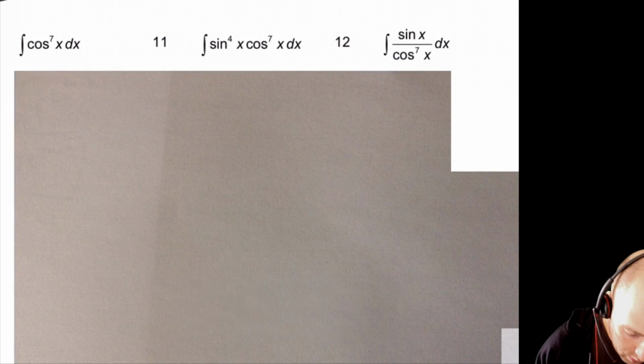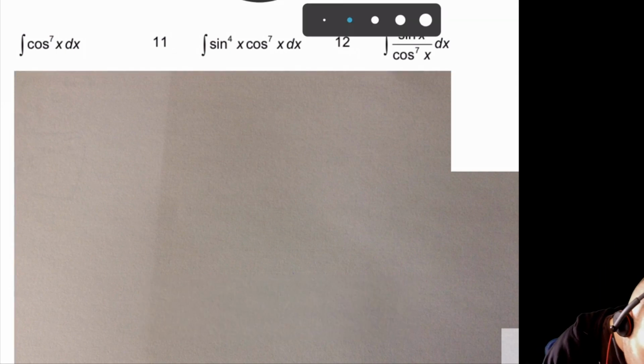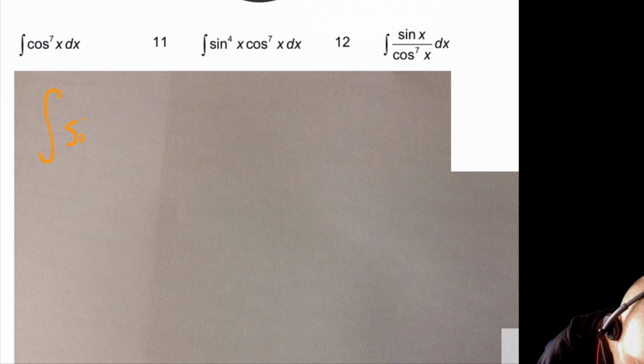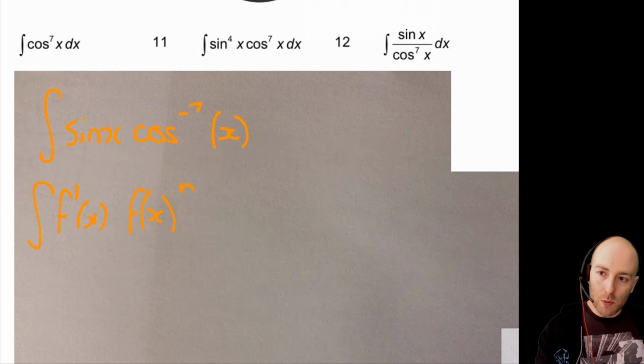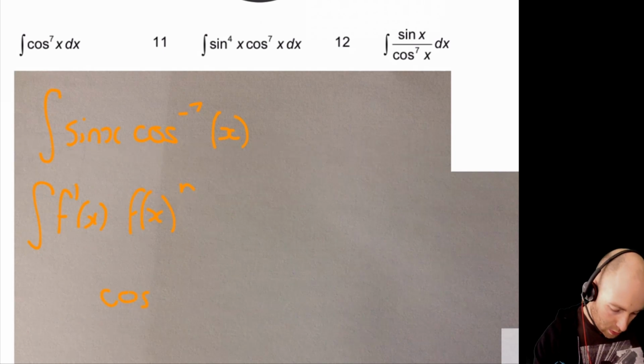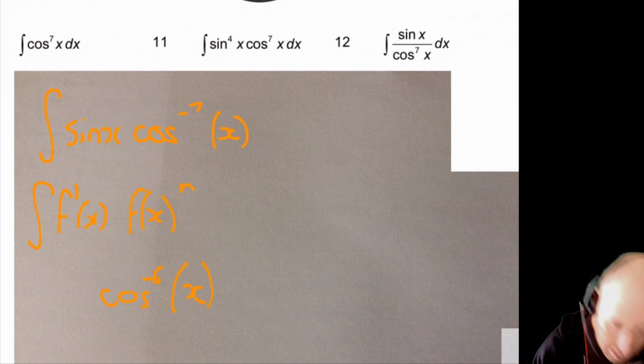Okay, so to do question 12, we've got sine over cos to the 7. What we need to do is write it out as sine x cos to the minus 7 x. And then we've got derivative times the function to the power n. So we're going to try f(x) to the n plus 1. So we're going to try cos to the minus 6 x.